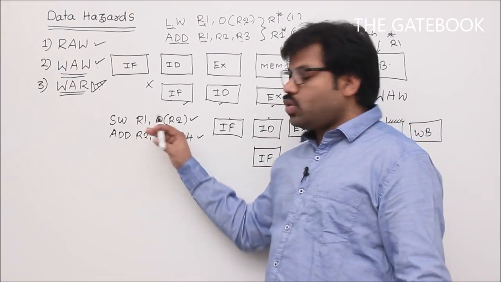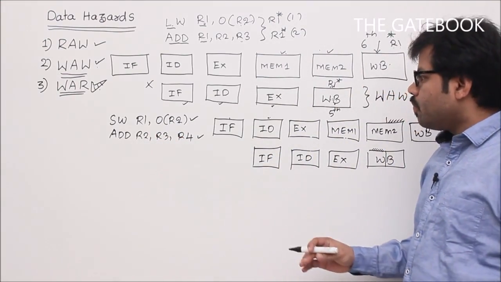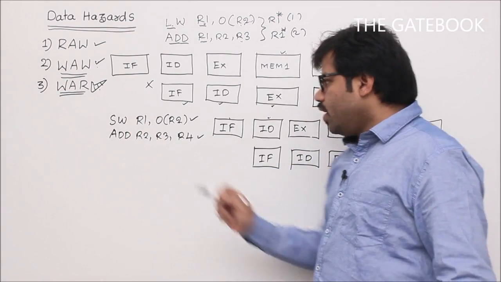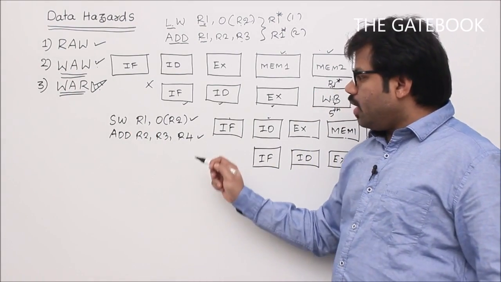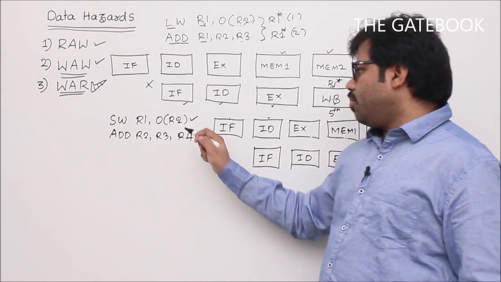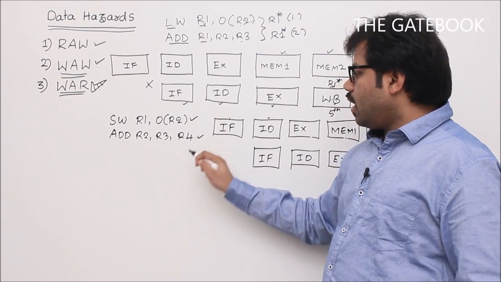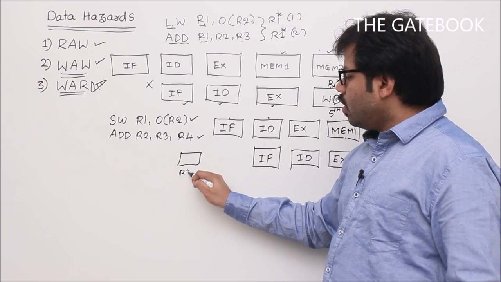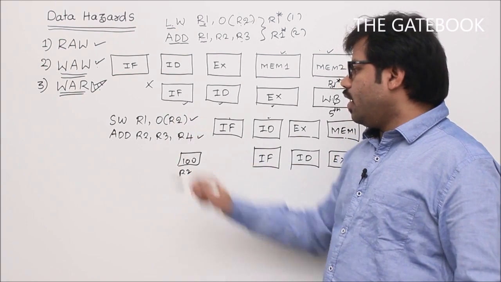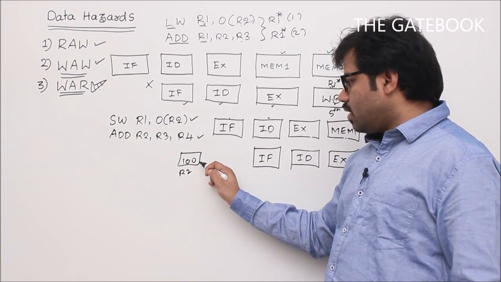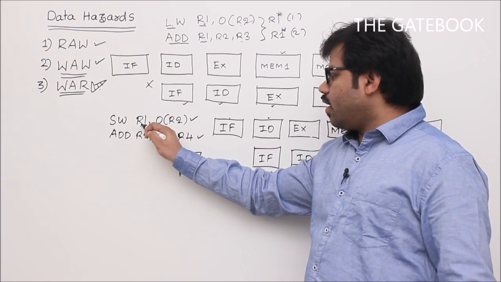Now let us see how these two instructions are getting executed here. Since it is a store word, we will be accessing the memory, correct? First of all, we will be going to 0 of R2. Let us say R2 is 100, then 100 plus 0 is 100. We will be going to memory address 100, and we are storing the content of R1.